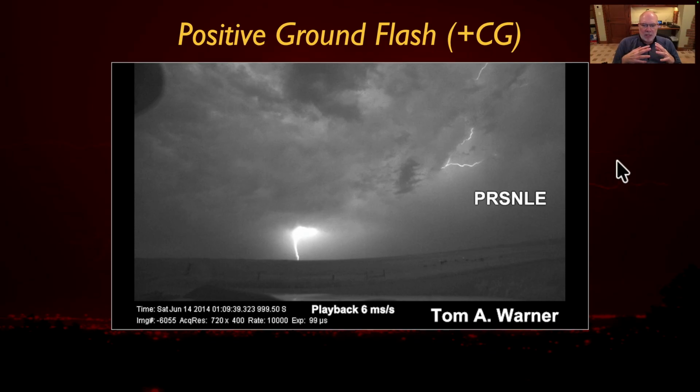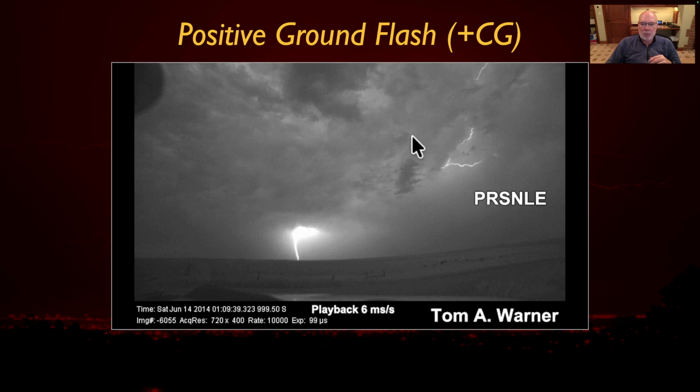So we can actually see sometimes the upper portion of a flash following the return stroke, and we can show that it behaves as essentially an upward negative leader following the return stroke of a positive CG flash. In this case, we're going to see positive leader come down and make a return stroke.